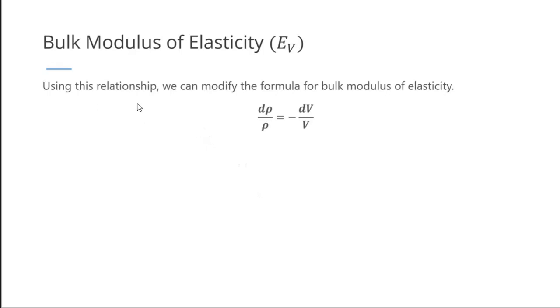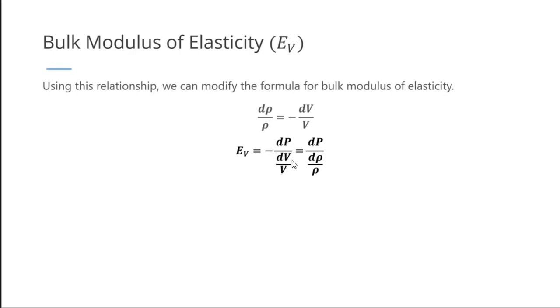So using that relationship that we derived a while ago, we can modify the formula. So, di ba, bulk modulus of elasticity is equal to negative of differential pressure divided by fractional change in volume.